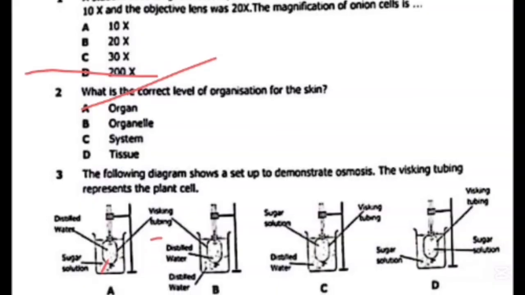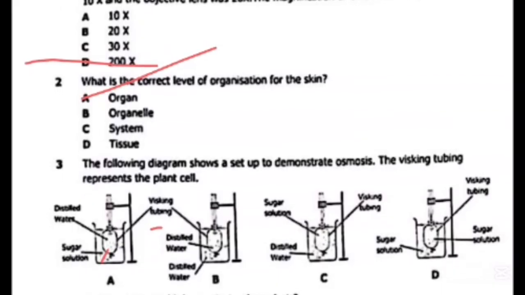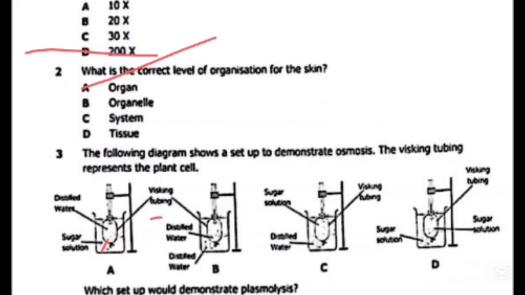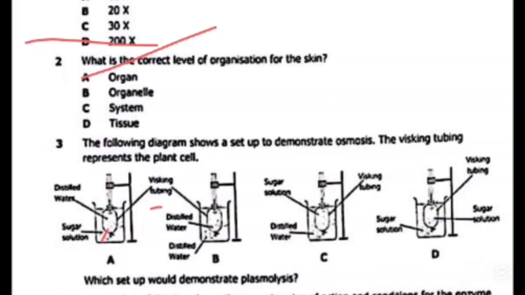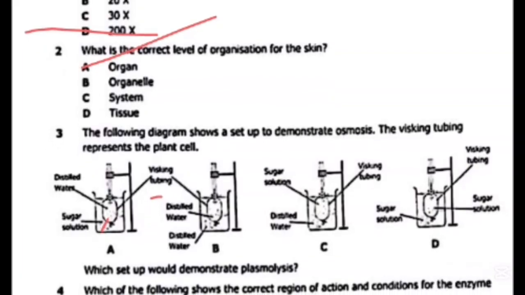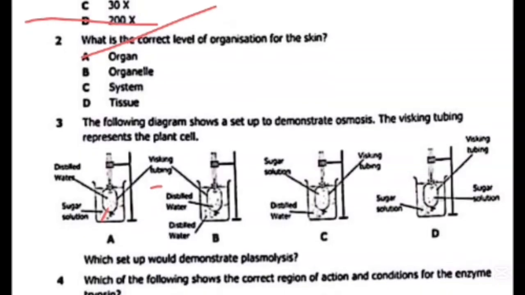Why? Because water leaves the cell into the solution, because the solution has a higher concentration than the cells. So now, after understanding what plasmolysis is, you are going to check the diagram.